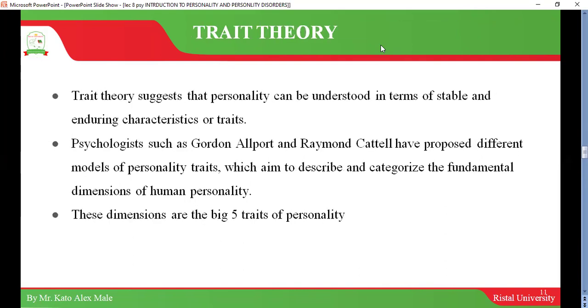Then we have the trait theory. This suggests that personality can be understood in terms of stable and enduring characteristics or traits, characteristics of that individual person.